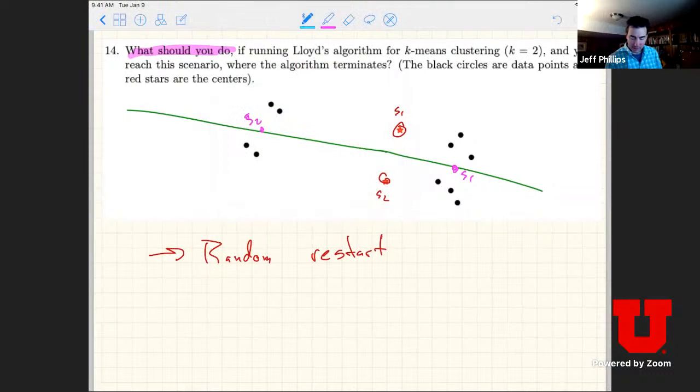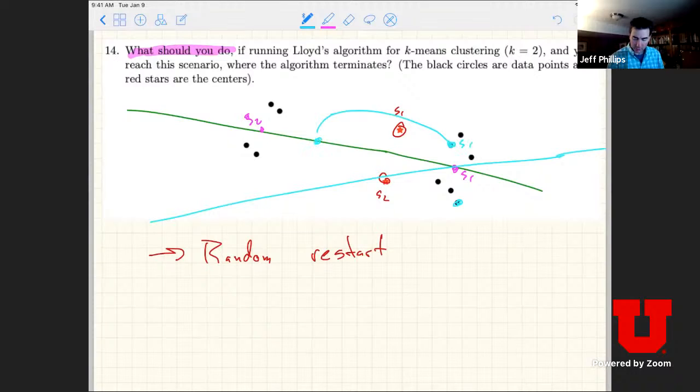For instance, let's do a different example. Let's say I picked these two points. Even if I pick these two points as the cluster centers, what's going to happen is this new Voronoi diagram is going to be here. So now after one step, this guy is going to be reassigned to the average.